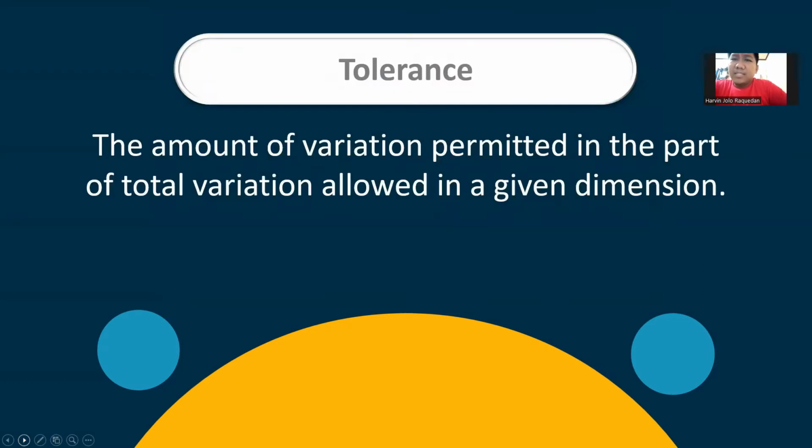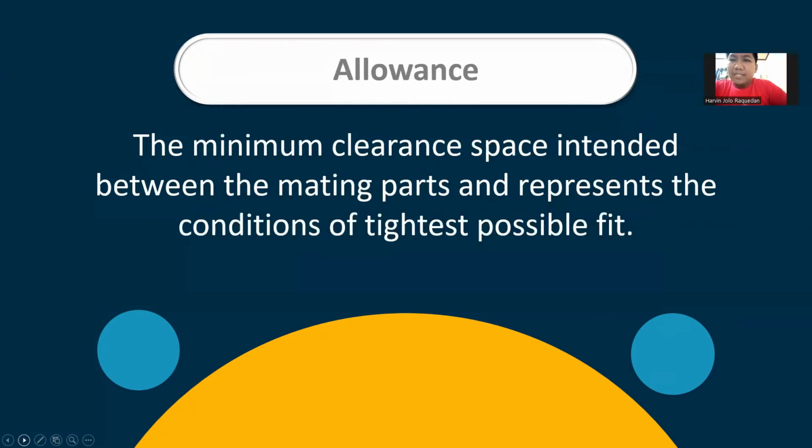Tolerance is the amount of variation permitted in the part, or the total variation allowed in a given dimension. Here, tolerance is the limit. It states the acceptable measurement ranges. Allowance is the minimum clearance space intended between the mating parts and represents the condition of tightest possible fit.